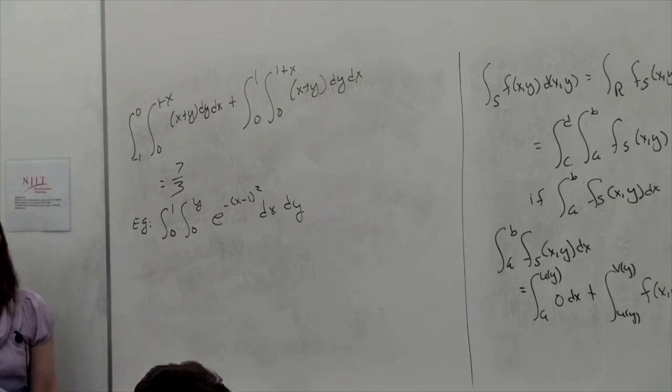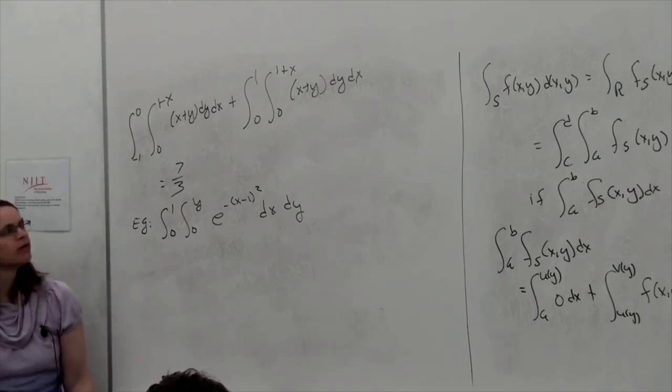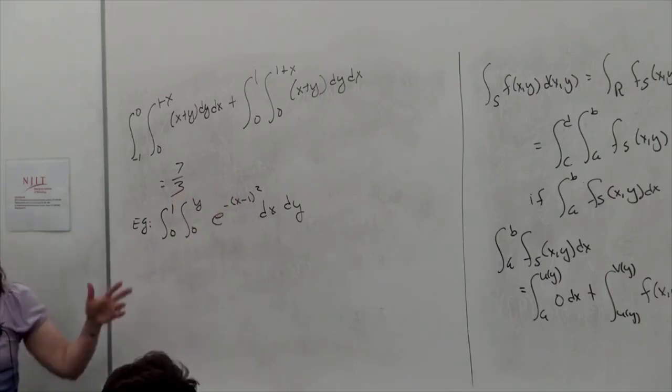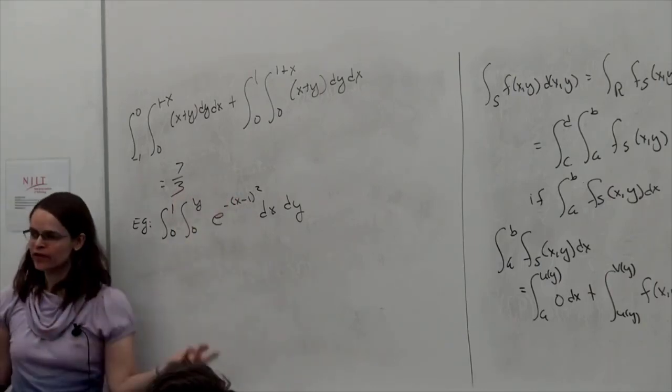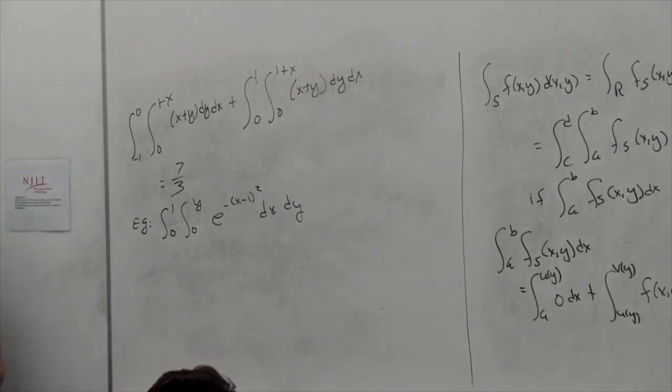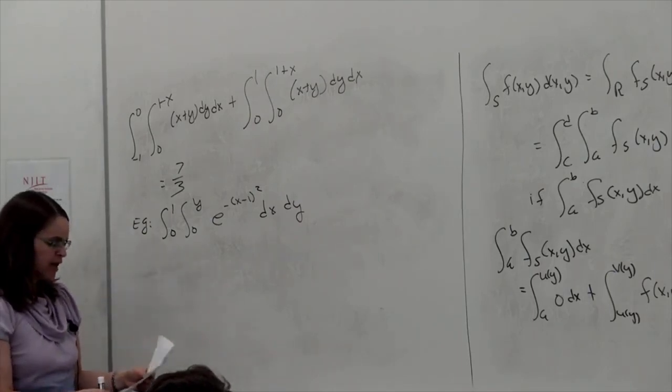And you look at this and you're not very happy. Because something that involves an e to the x squared, you know that there's no elementary form for its antiderivative. So you say, well, can I swap the order of the limits somehow? Am I justified in doing this? Let me think about this a little bit.